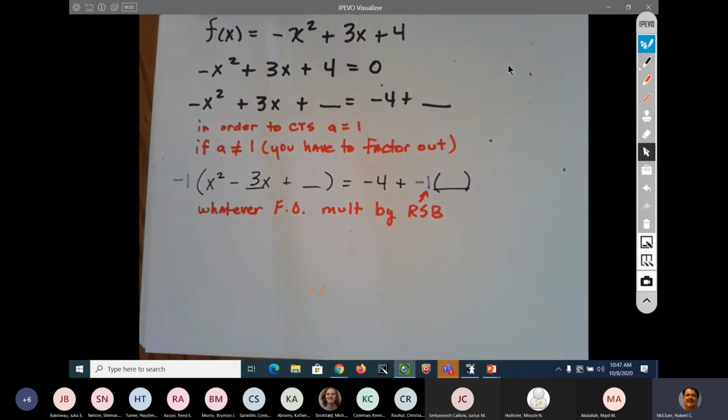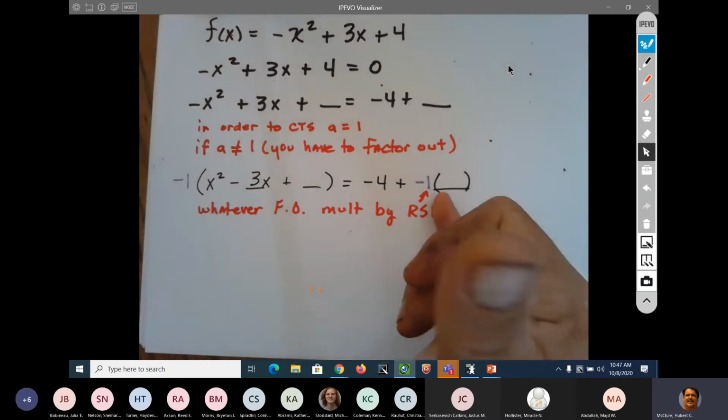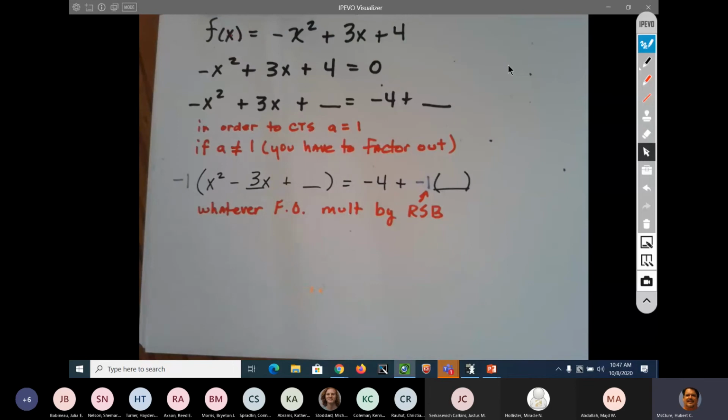Now, why? Well, there are different ways of doing completing the square. One way is to do it all on the left-hand side of the equal sign. That's why this is multiplied by the negative 1. I'm not going to show you because it would confuse you.